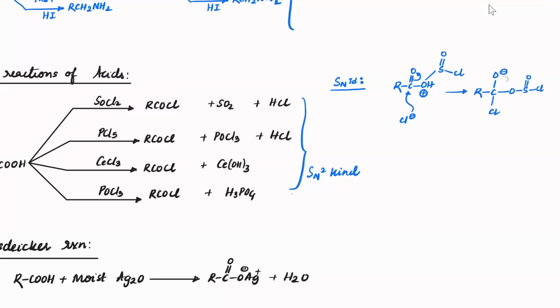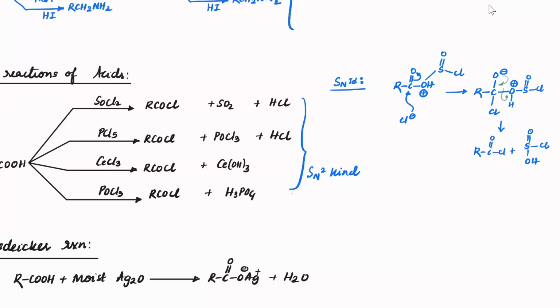And now the O minus will push, sorry, there is a hydrogen also here, plus. This time bond breaking will take place, and we will get RCOCl plus S double bond O, Cl and OH.